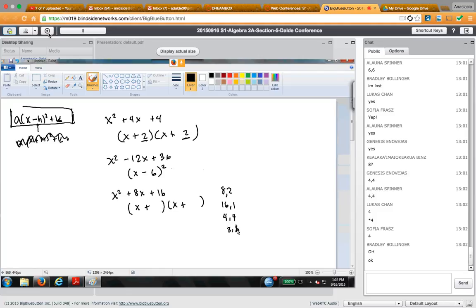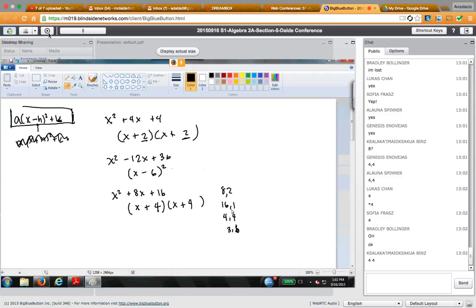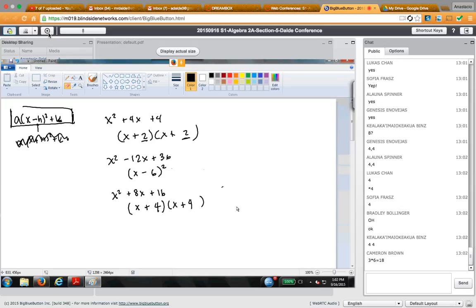That works too. So we can choose these numbers, but actually, I think that what they did was they chose 4 and 4. Does that make sense? Because they FOILed this out and they realized that this works. All right, good. Yeah, you can do 3 and 6.